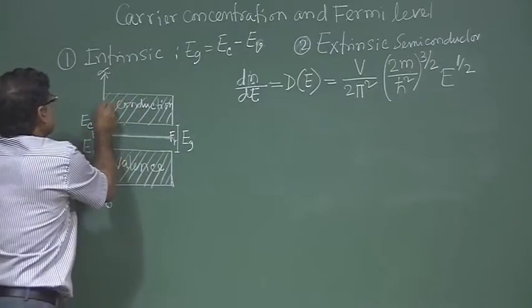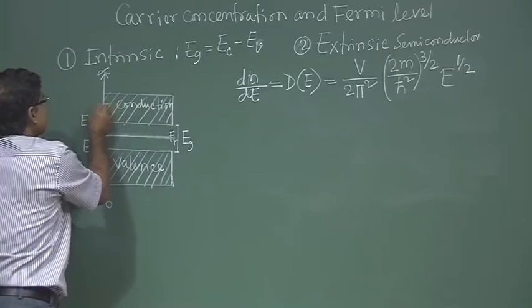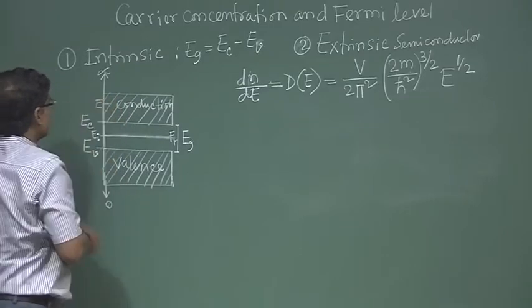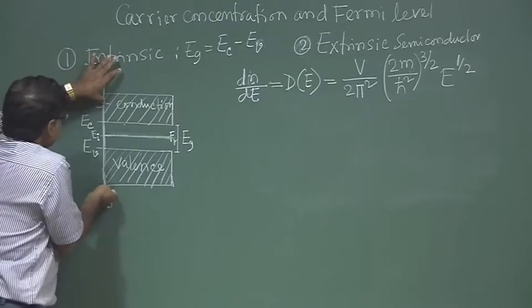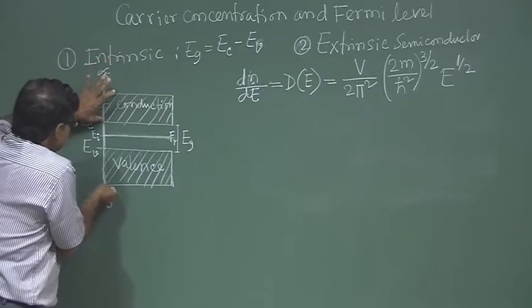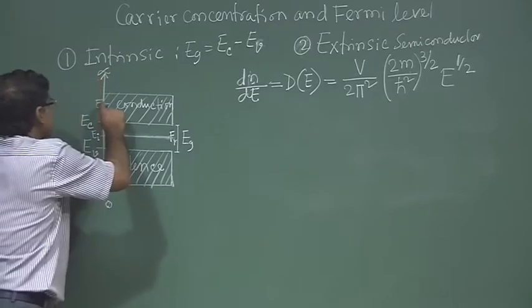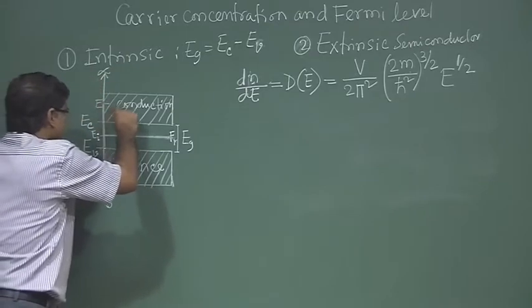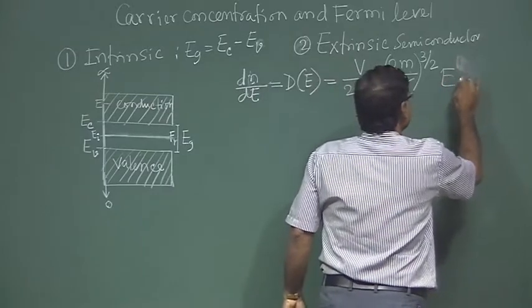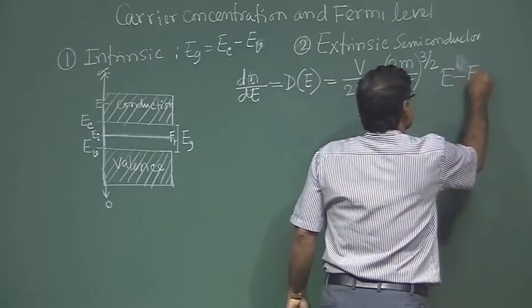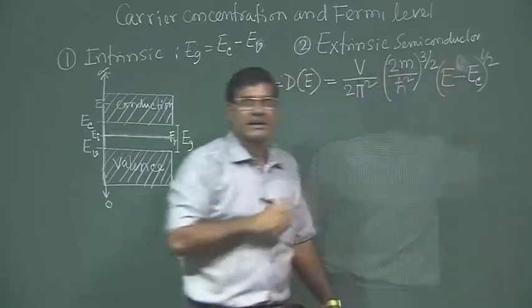Any energy if I consider here, that is E, so E minus EC will give this. Here we have to modify this; basically we want to find the density of states in this energy range.